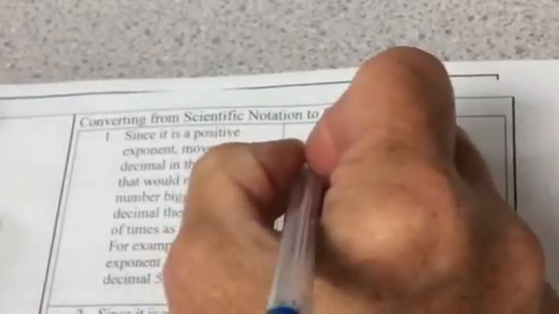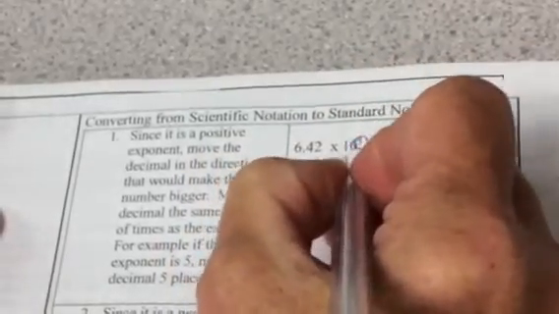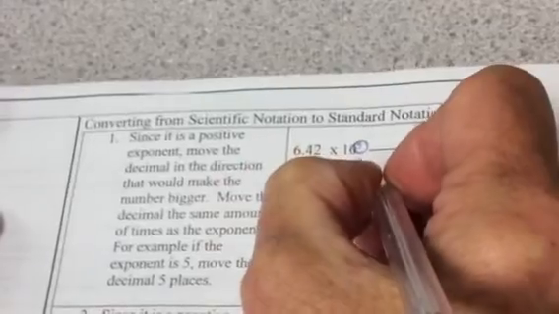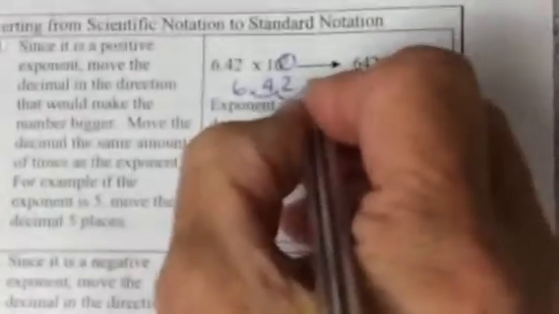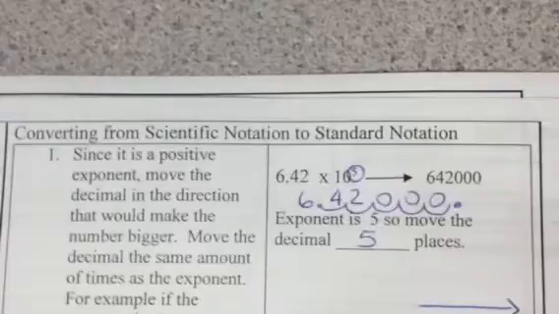So that means if I have 6.42, I'm going to move 1, 2, 3, 4, 5. And these extra places here is where you fill in the zeros, and then you put the decimal at the end.